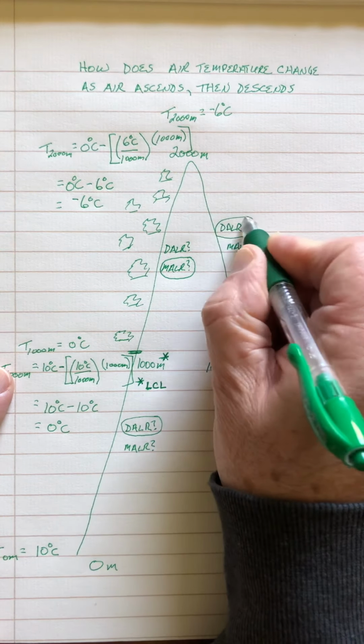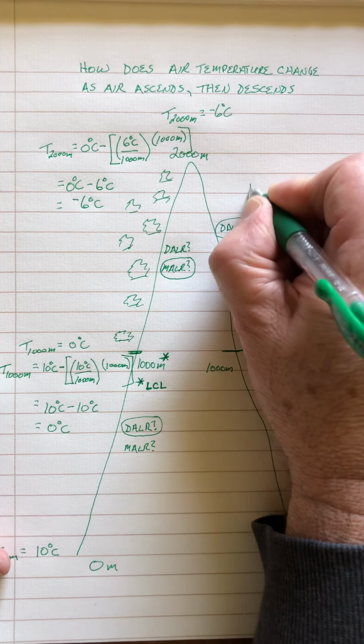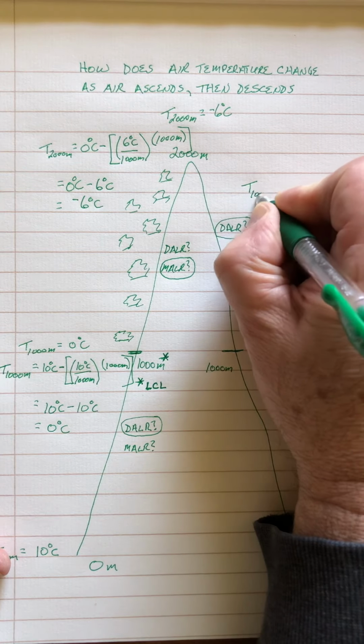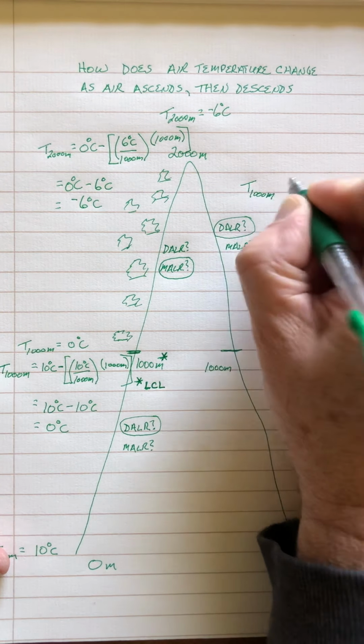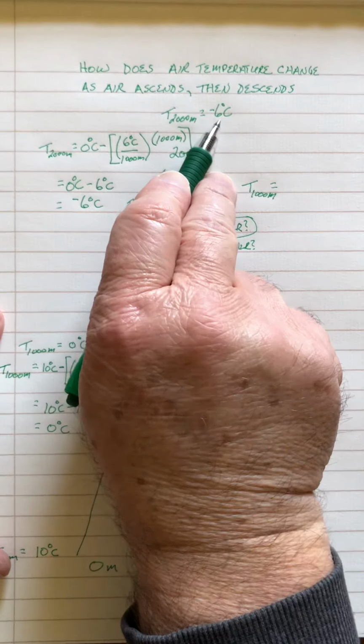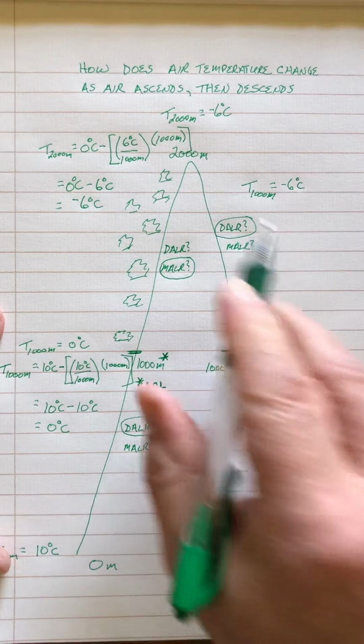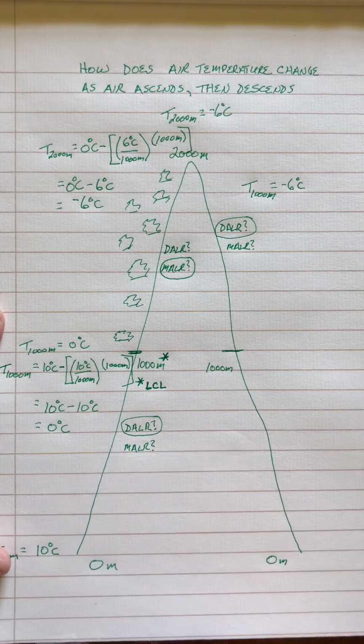Okay, so let's see what the air temperature is going to be at 1,000 meters. So the temperature of the air at 1,000 meters as it descends down the other side will be the starting point, minus 6 degrees C. Okay, it's descending, so it's going to warm.